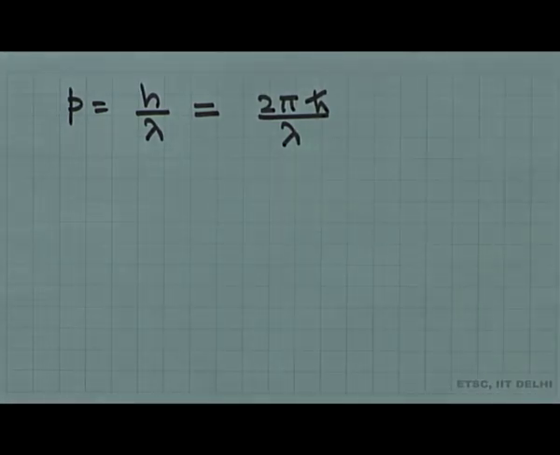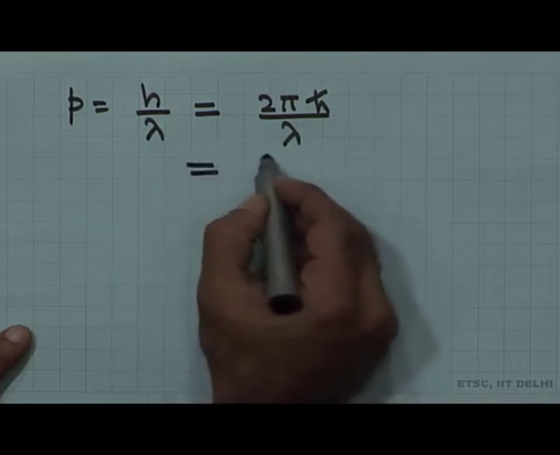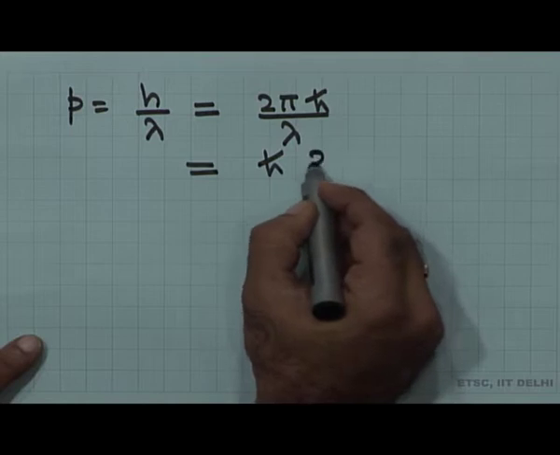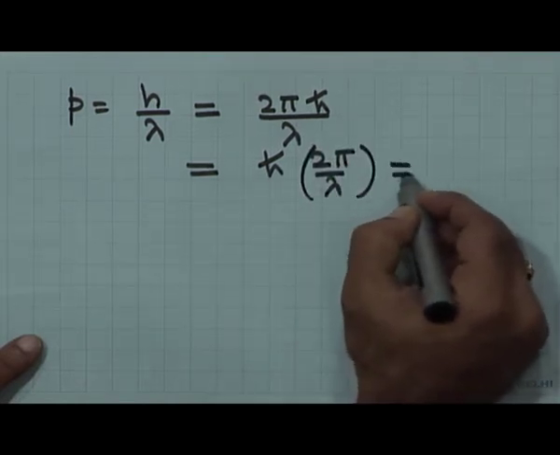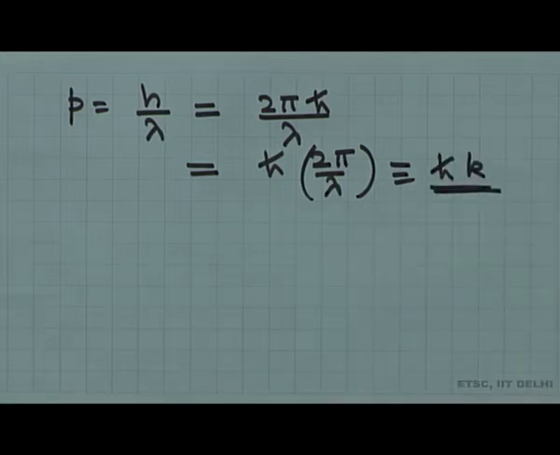So you should know that h bar is a more commonly used quantity than the original Planck constant itself. And if I write it as h bar into 2 pi by lambda, this is identically denoted as h bar k. So k has the dimension of inverse wavelength. It is called the wave number.